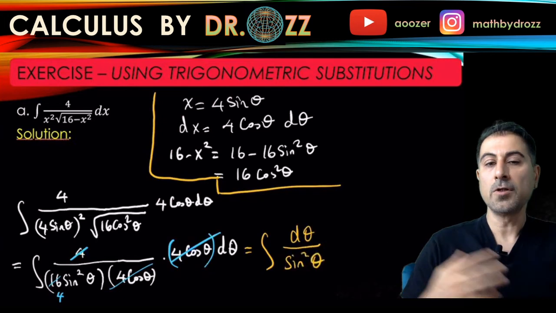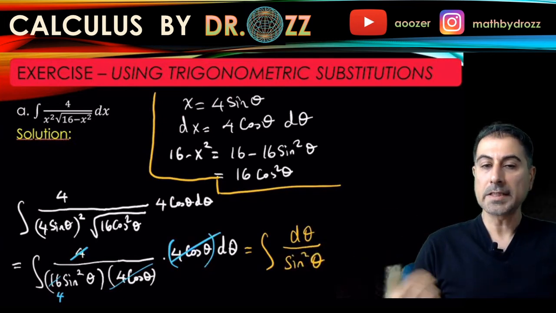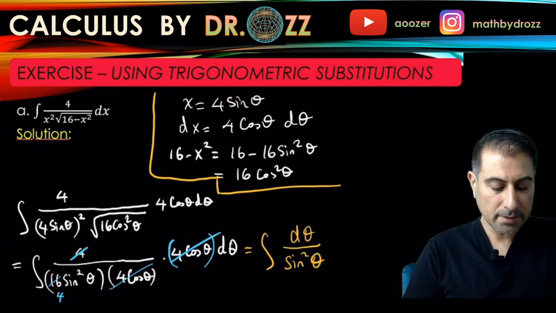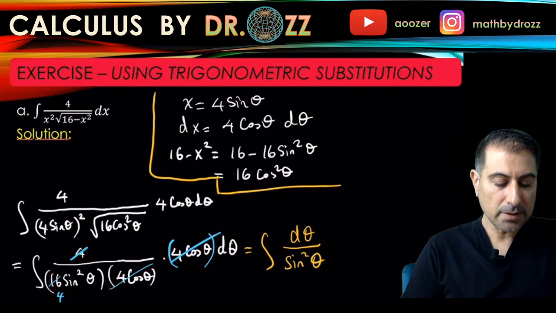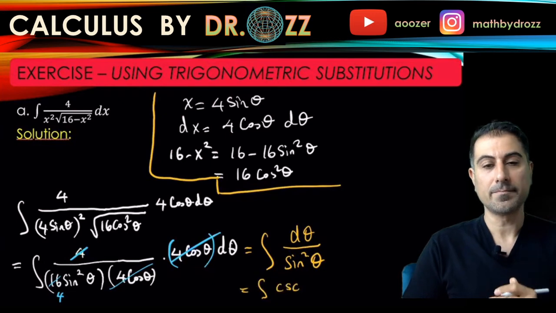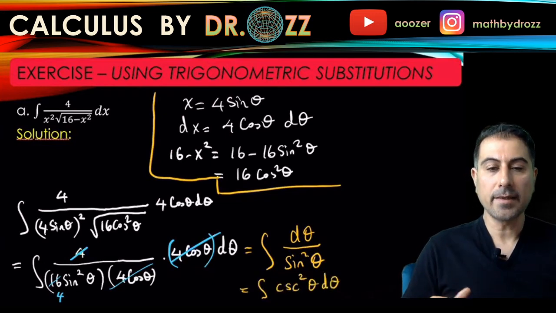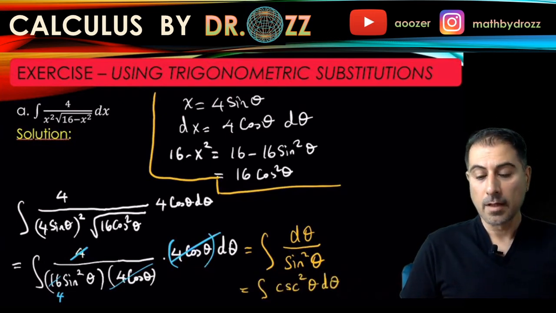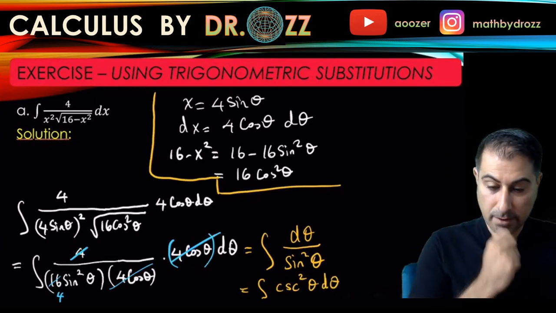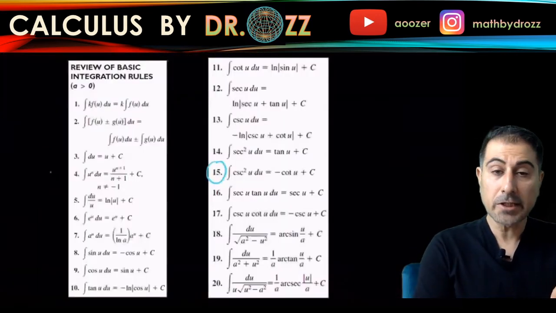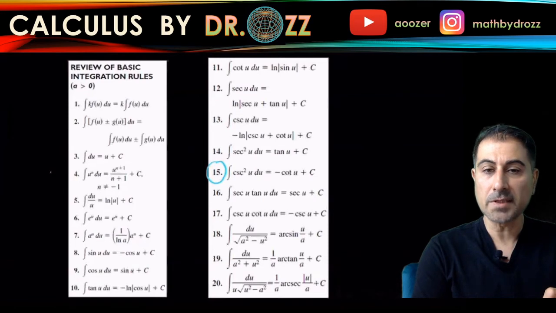But I know that 1 over sine theta is cosecant theta, so this is in fact cosecant squared theta d theta. The good news is that this is a known integral, and you can check the review of integration rules and look at number 15 here.